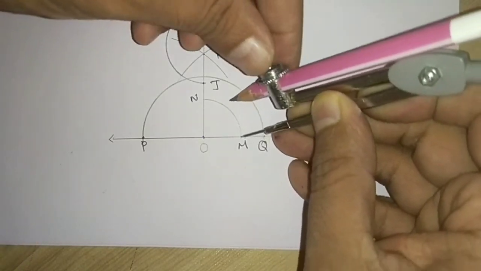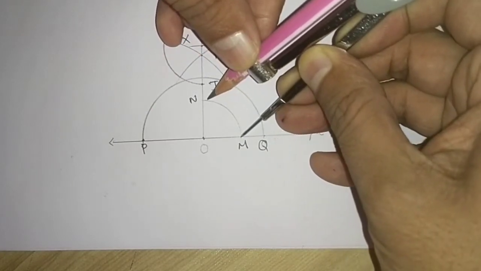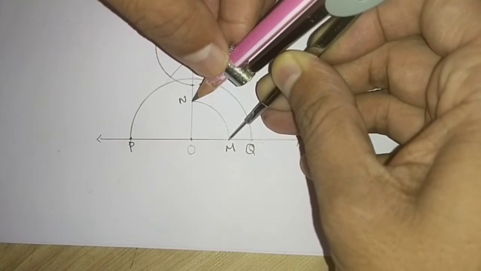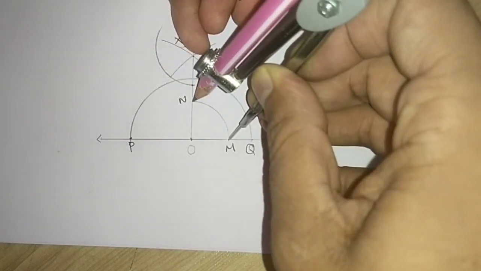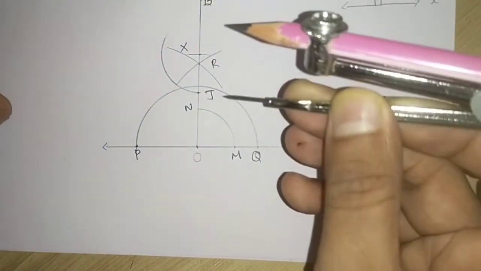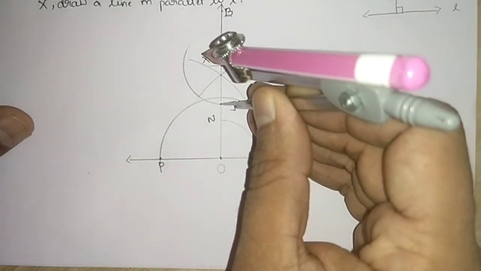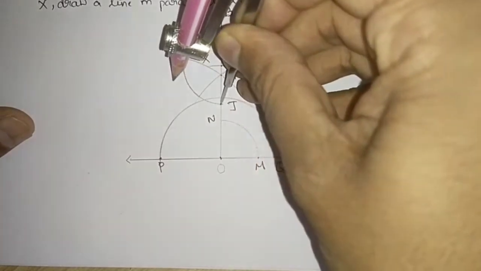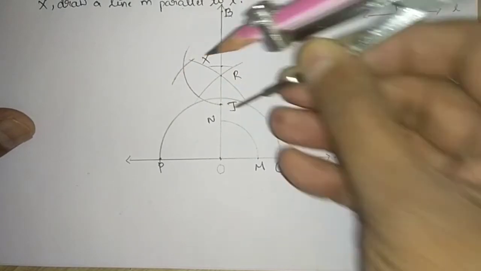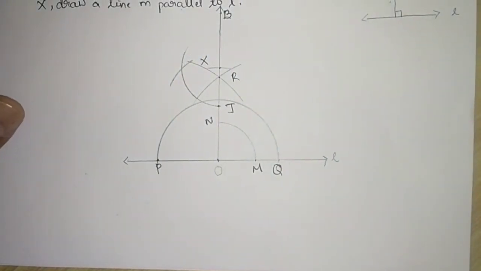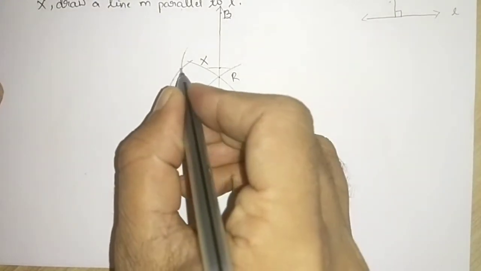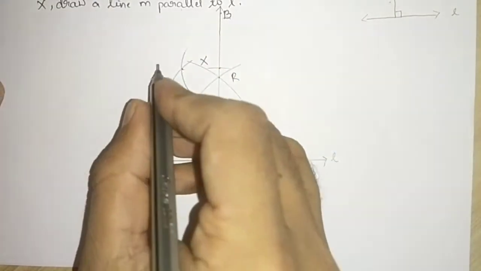Open it till the pencil tip touches N. This is our measurement, this is the radius. Now take this measurement, put it on J and cut one arc which intersects the previous arc and name it as H. Let me name it as H, or you can also name it as K, no problem.